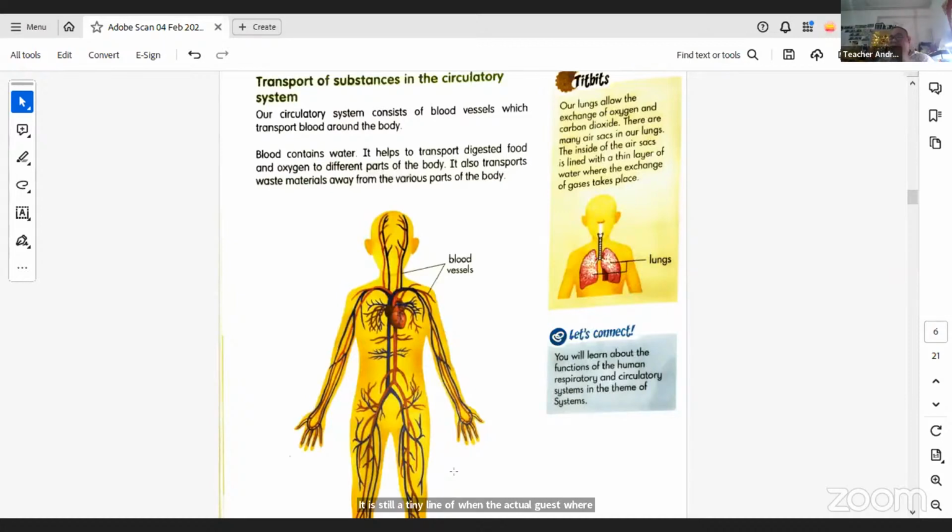So the air sac is a balloon, and the surface of the air sac inside contains a line of water for the gas to exchange. So we have water in every single part of our body. We need water for them. We need water for digestion. We need water for the blood to transport. We need water for the lungs, air sacs to exchange gases.